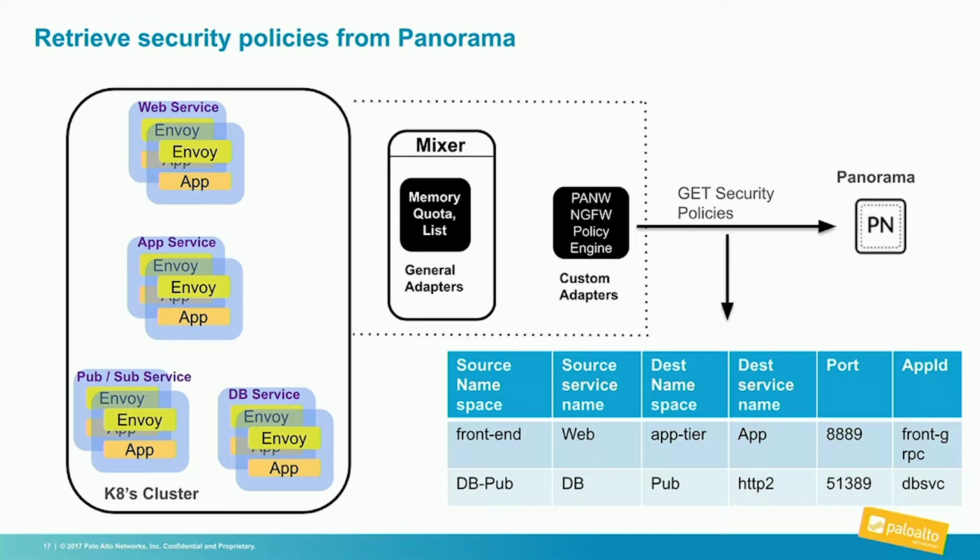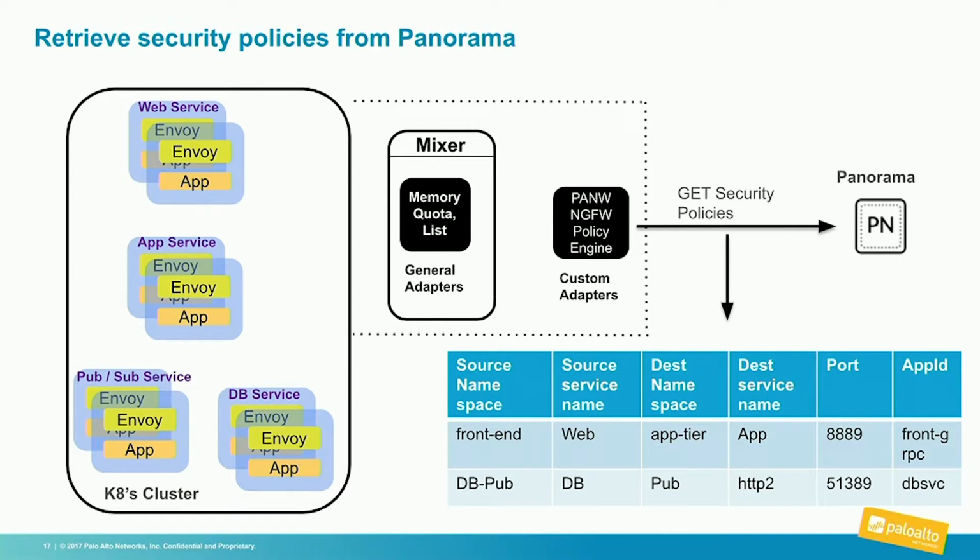What the Palo Alto Networks Security Adapter does is retrieve these policies from Panorama and transform them. So now you have a unified posture where you can define security policies, and we transform them into Istio policies and make them actionable across your service mesh.